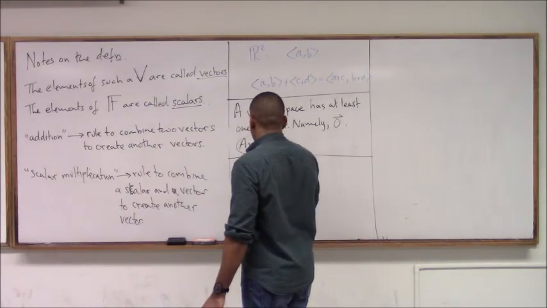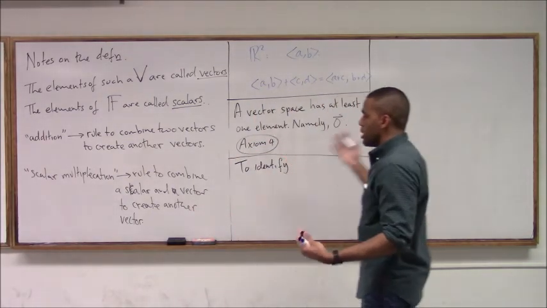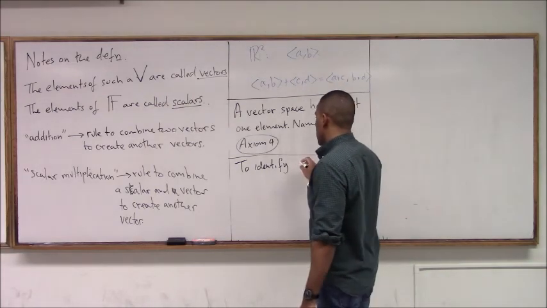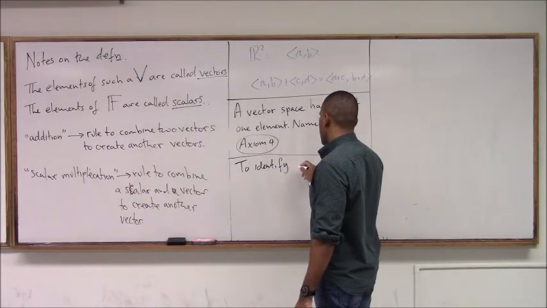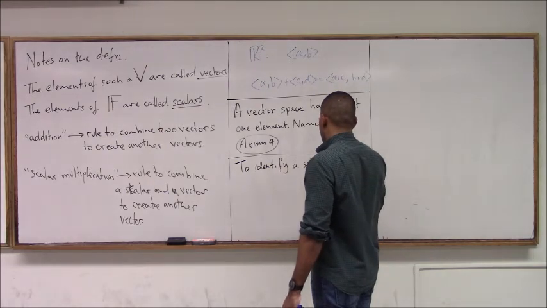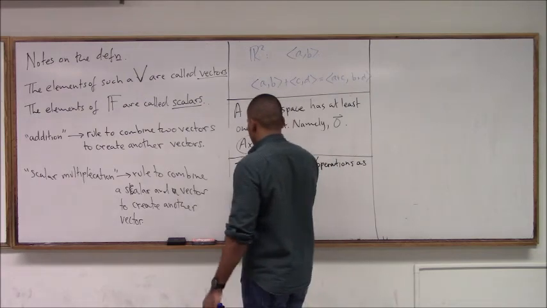To identify a set with its operations as not a vector space, because you have to check 10 rules, it can be sort of daunting if you're just starting out. But there are some rules that are easier to check than others.